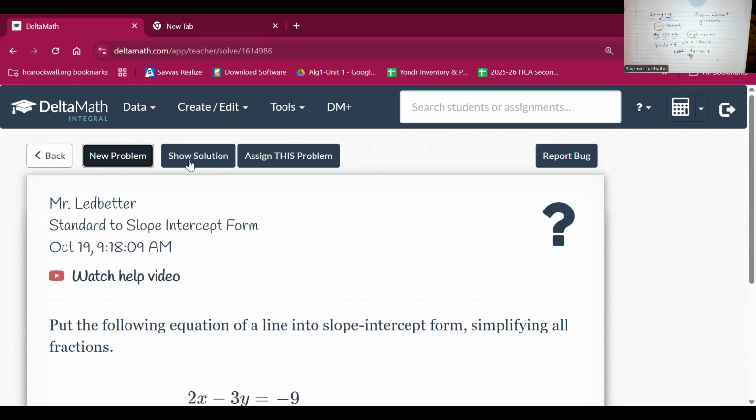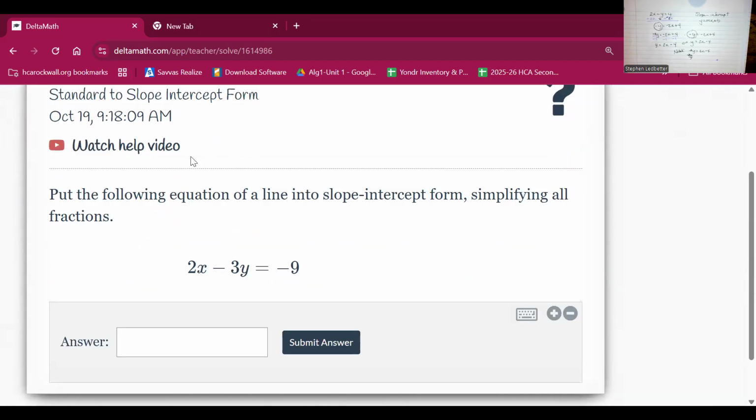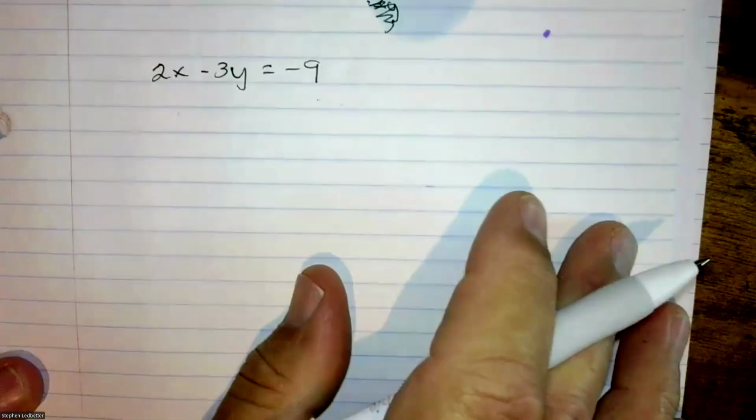We don't want to show solution. Okay, so here's the problem. I'm going to write it down, and then I'm going to switch it back over. This one's slope-intercept form again. So, all right, we're going to stop sharing. Oh, there it goes.